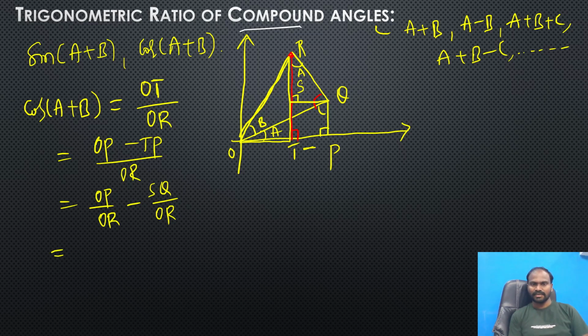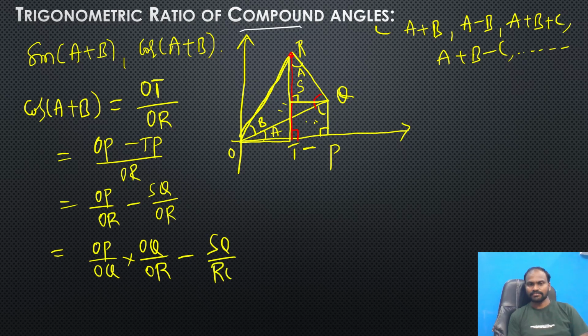Right. So OP and OR, there is no common right angle triangle, but if you have OQ in between them, then you can see you have a common right angle triangle. So I will multiply and divide with OQ. Similarly, SQ and OR, we have a common side which is RQ, so I will multiply and divide with RQ.